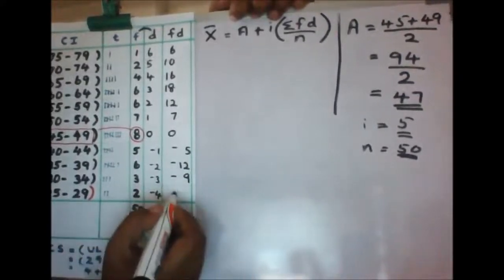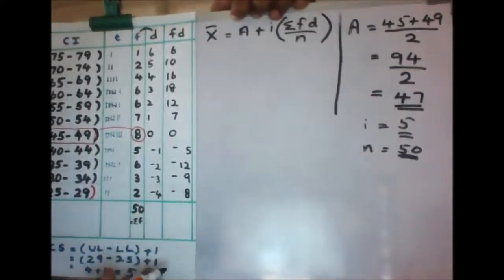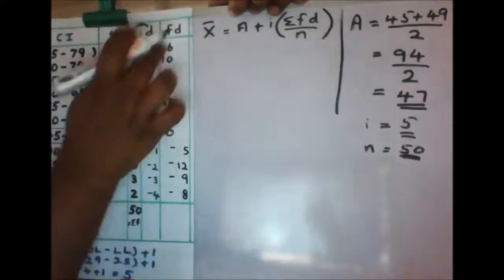This one, 2 into minus 4 is minus 8. So you'll have to add these values.